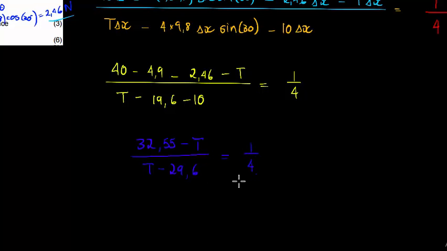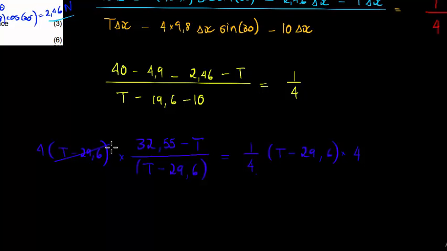Now most people are like, oh man, come on, how do I solve that? Well, it's an equation with a fraction, so I always multiply with the denominators on both sides, or every term actually. So I multiply that on both sides, and I also multiply t minus 29.6 on both sides, and I also multiply with a 4 on both sides.